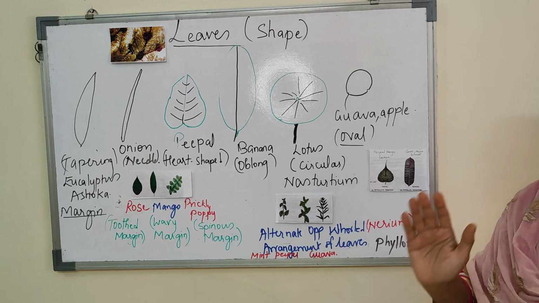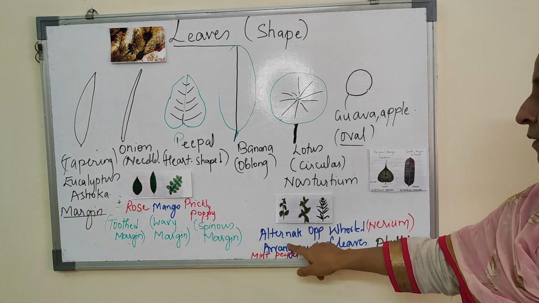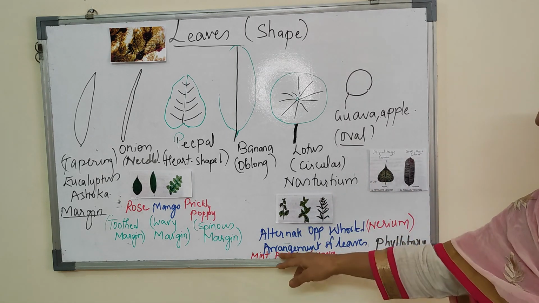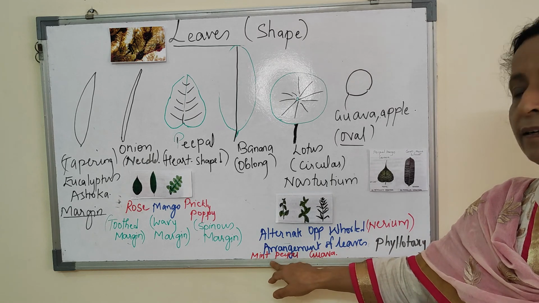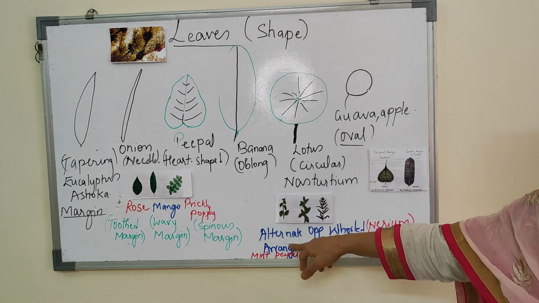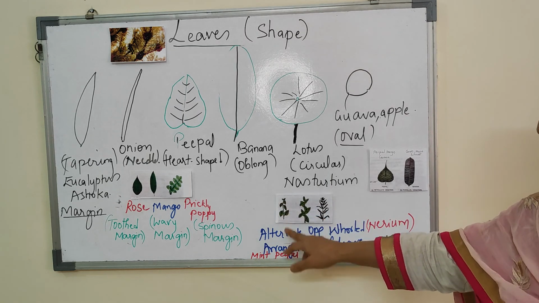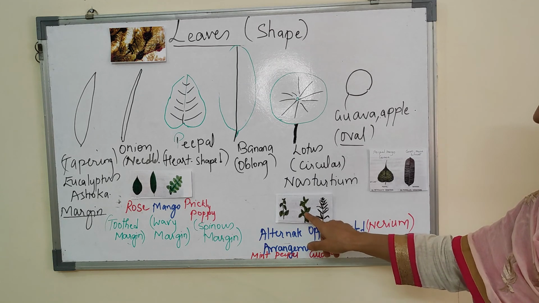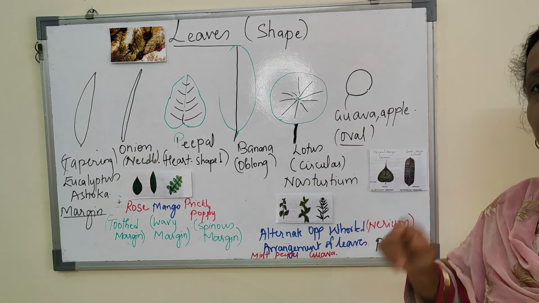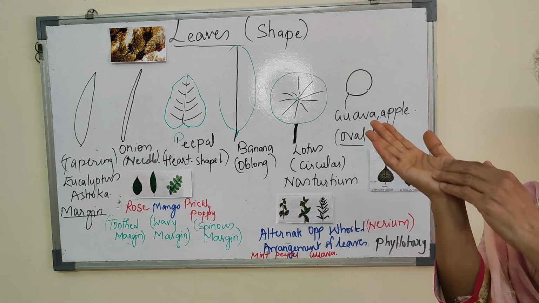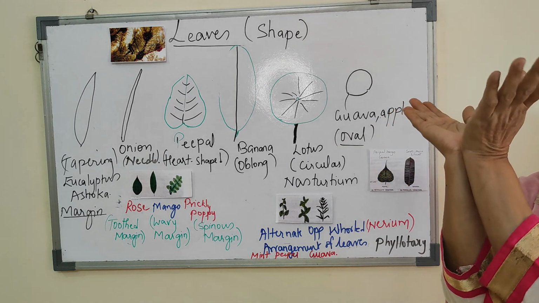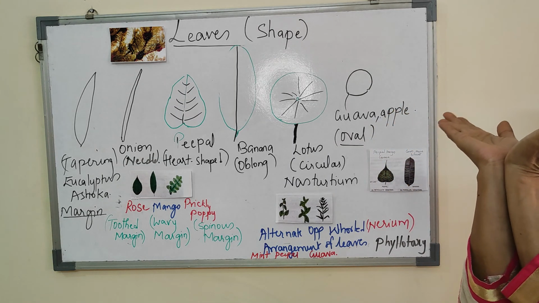Examples here are mint and peepal, which have alternate arrangement of leaves. Then here at the same node, one leaf is given here and the second leaf also from the same node.